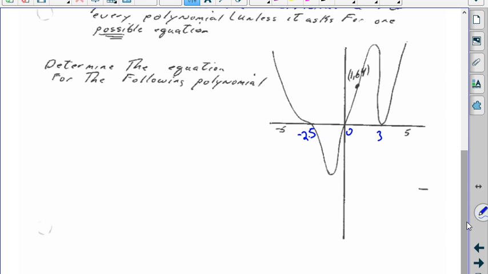We look at this graph. What is the root that corresponds to -2.5? Sorry, what is the factor that corresponds to a root of -2.5? I'll use the fractional form.